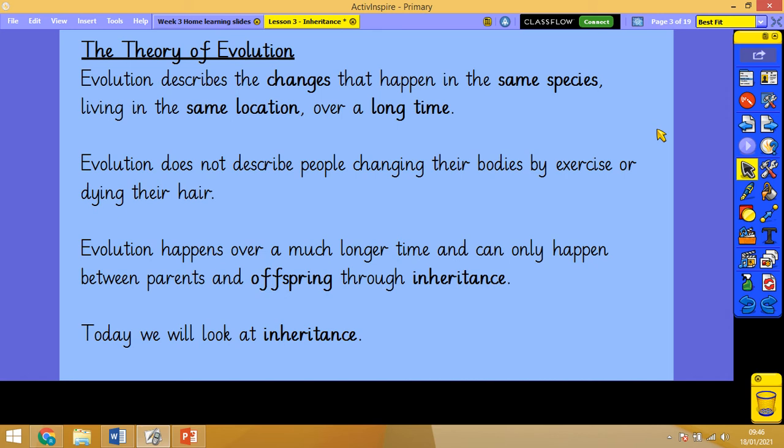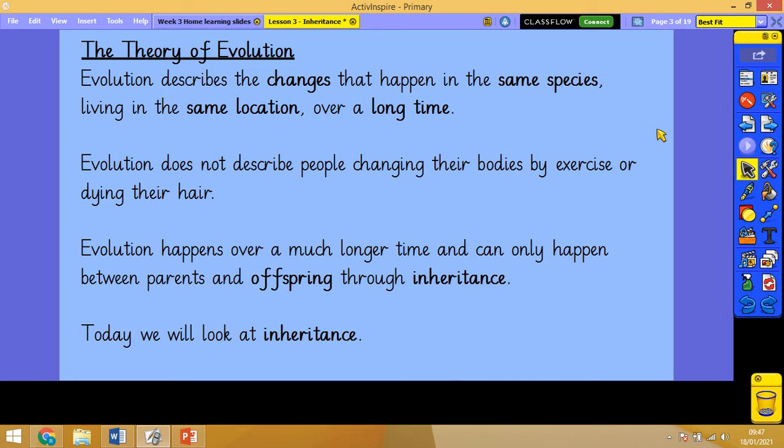And it does not describe people or animals changing their bodies by exercise or by dyeing their hair. That's something called an acquired characteristic, so it's something that is physically changed by something else.